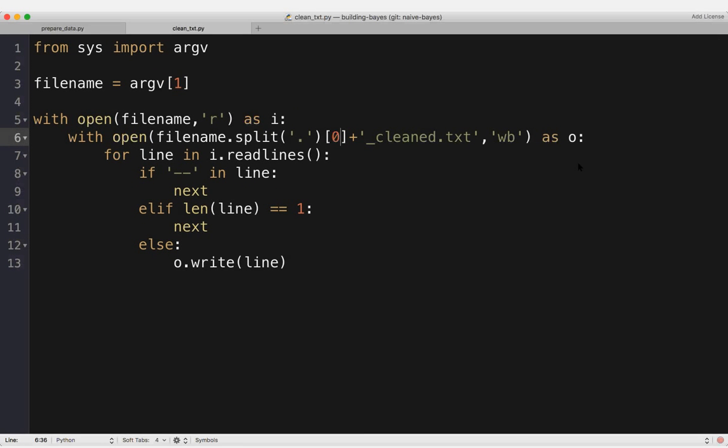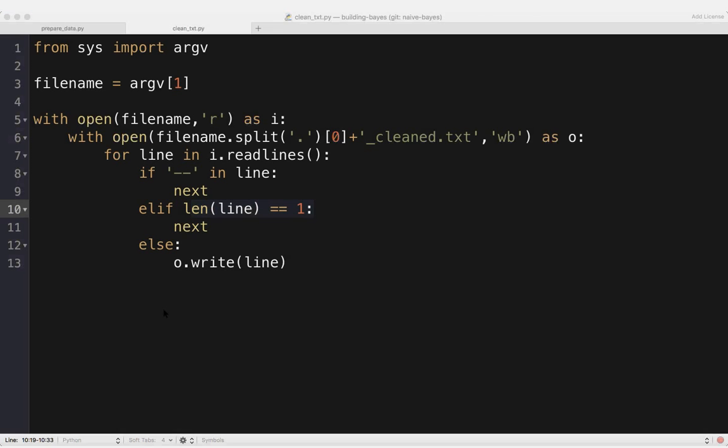So this is just a real simple script: open a text file, remove the author by looking for the dash there, so delete those lines, and then there were a lot of spaces and new lines. So if the line length was equal to 1, skip that line as well, and then write it out to a file.